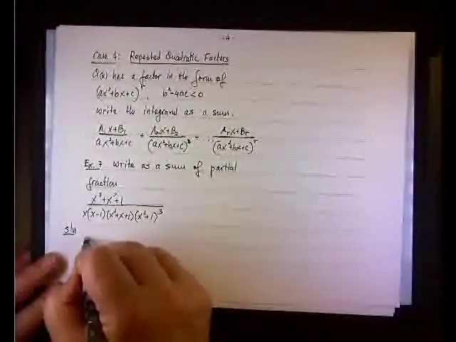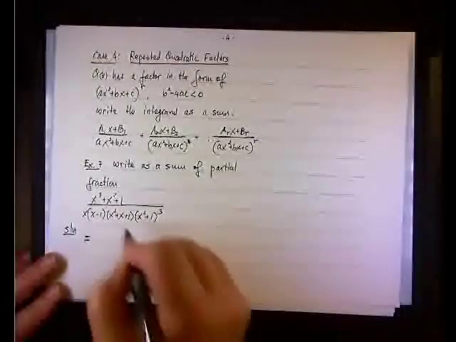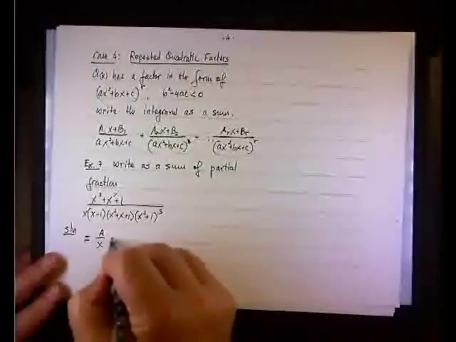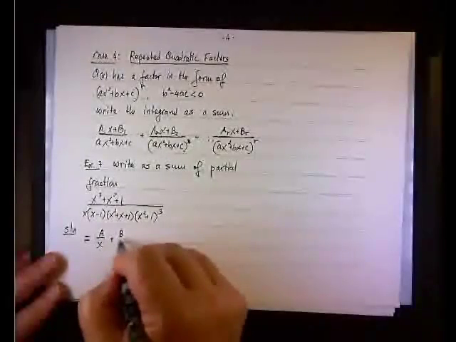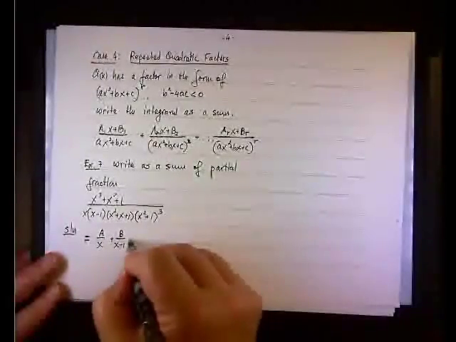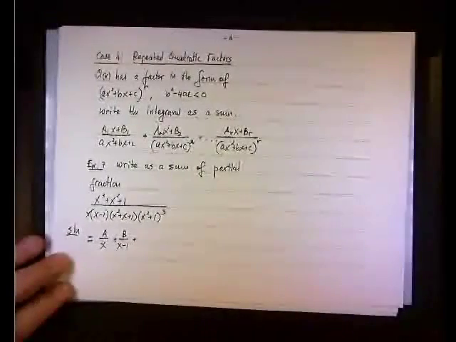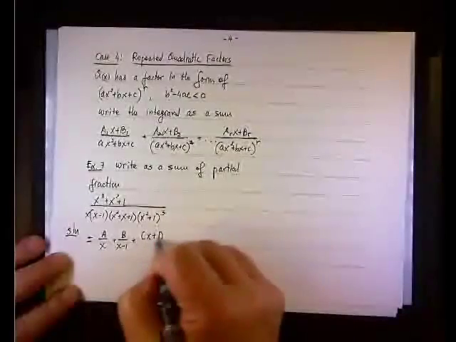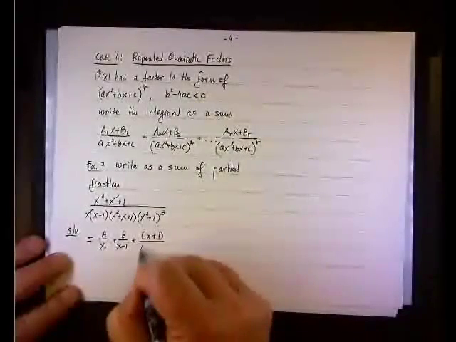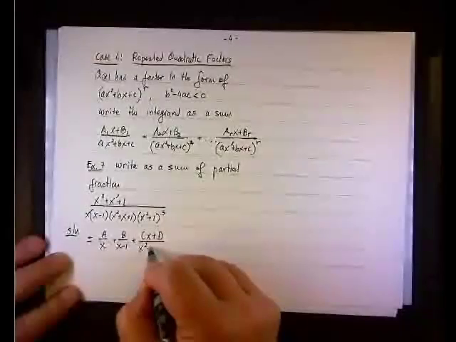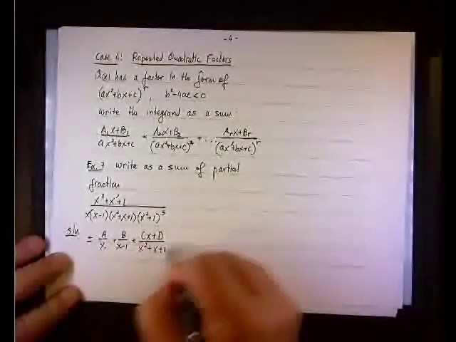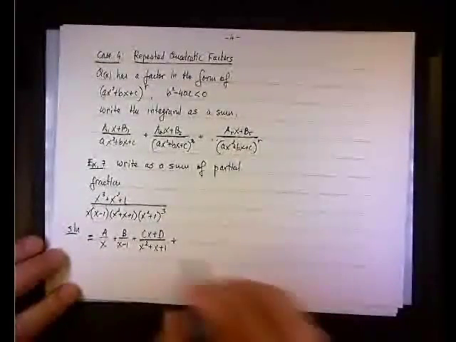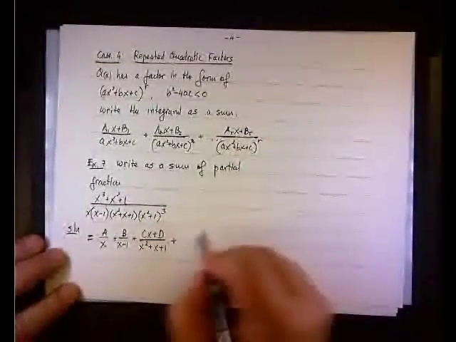We're going to say that this is equal to A over x, the first linear factor, and then the next linear factor, B over x minus 1. Here comes the first quadratic factor. We need to have Cx plus D for the quadratic, and the first quadratic factor is x squared plus x plus 1. And then we have 3 repeated quadratic factors, right?